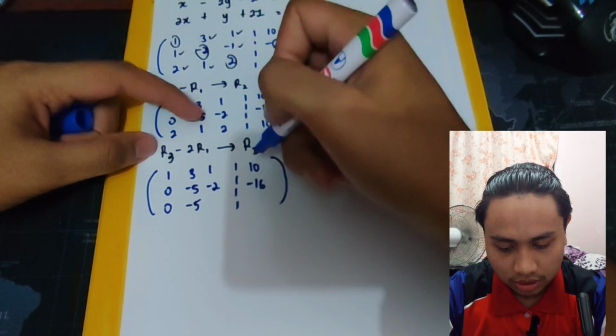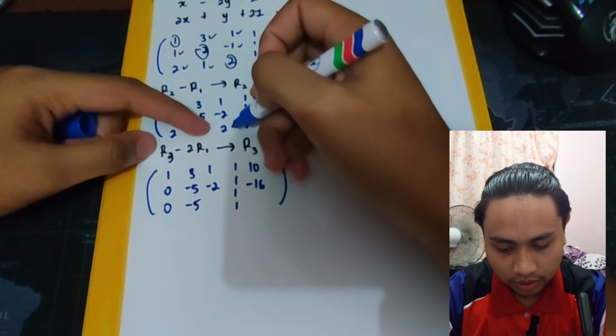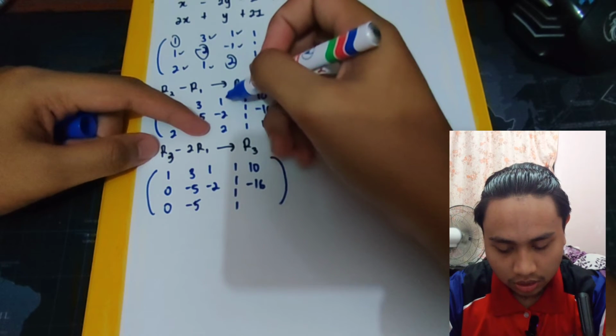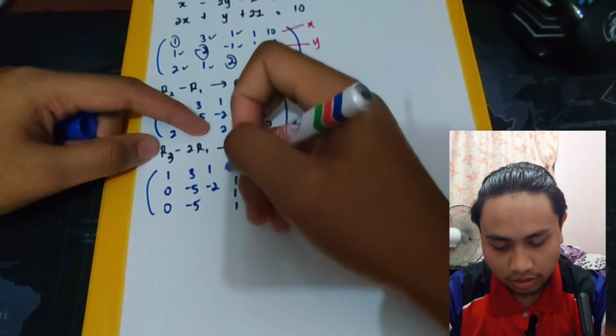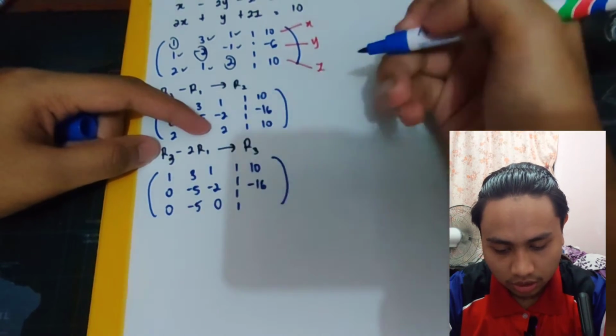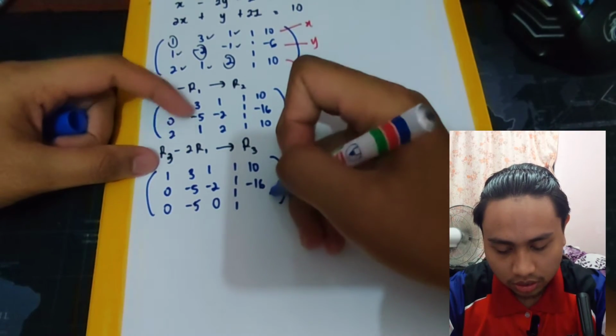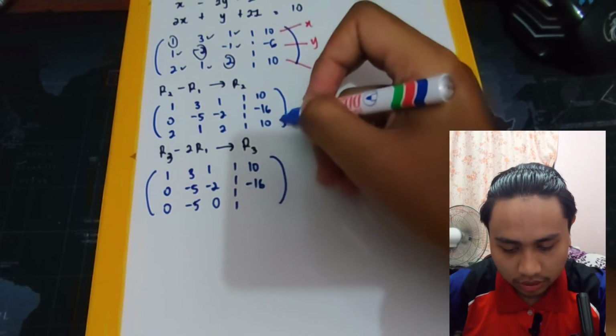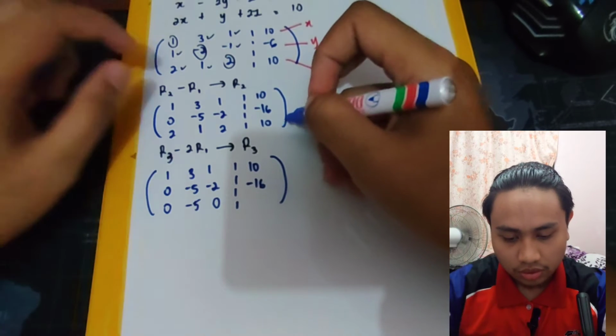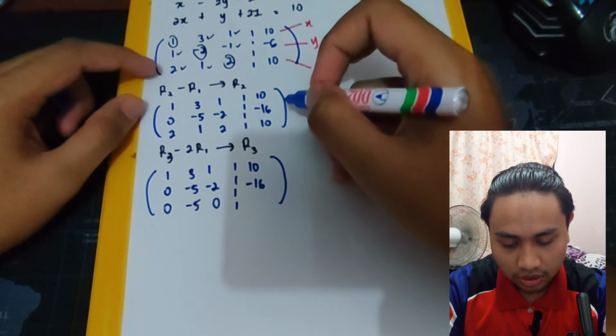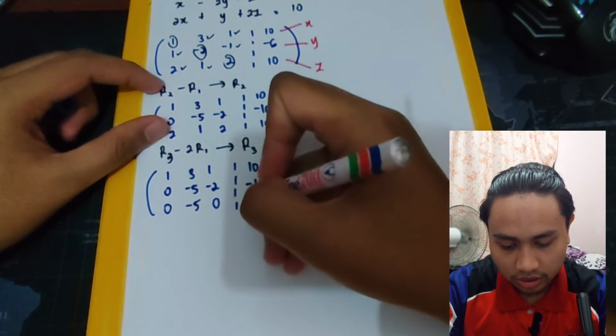So here 3, negative 2, 2, then become 0, and here 10, 20, yes, negative 20, negative 10.